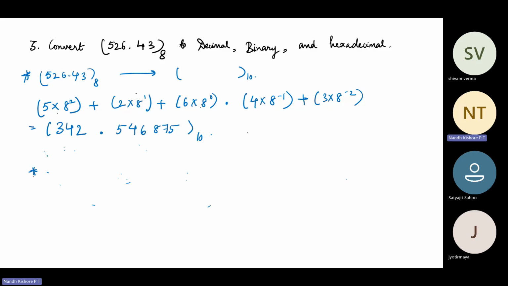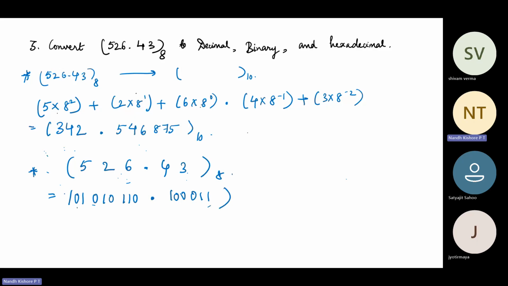And if you have to convert it into binary, it is very easy. Take 526.43. This can be written digit by digit. 5 is basically 101, 2 is 010, 6 is 110, 4 is 100, and 3 is 011.